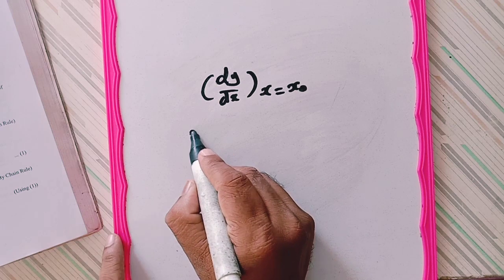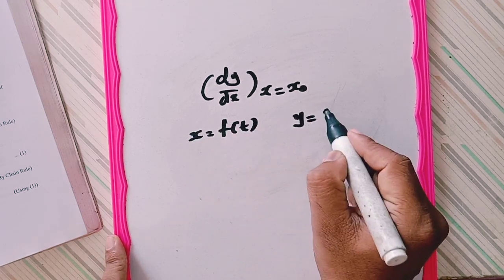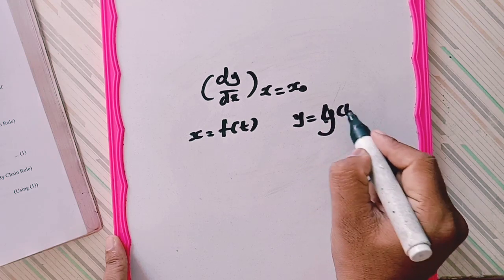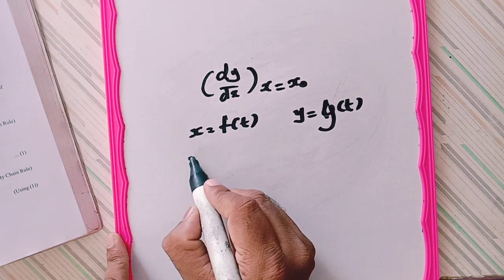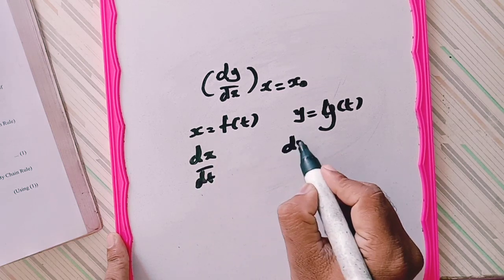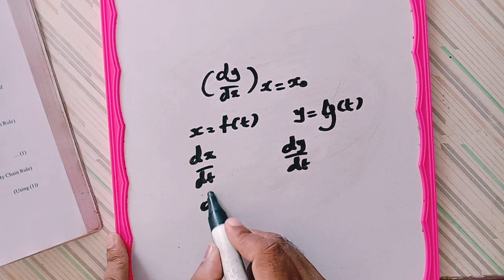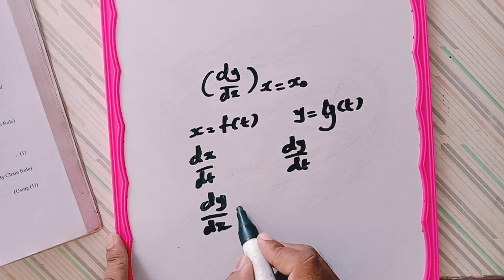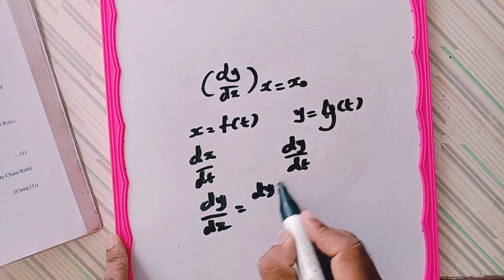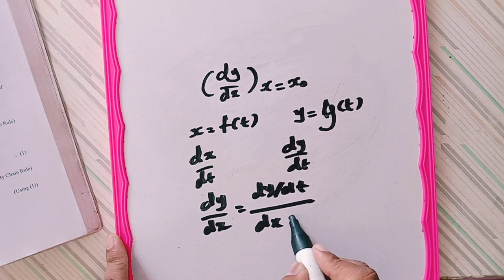Now suppose x is a function of t and y is a function of t. Then x changes with respect to t, so we write dx by dt, and y changes with respect to t, so we write dy by dt. Also we know dy by dx equals dy by dt upon dx by dt.